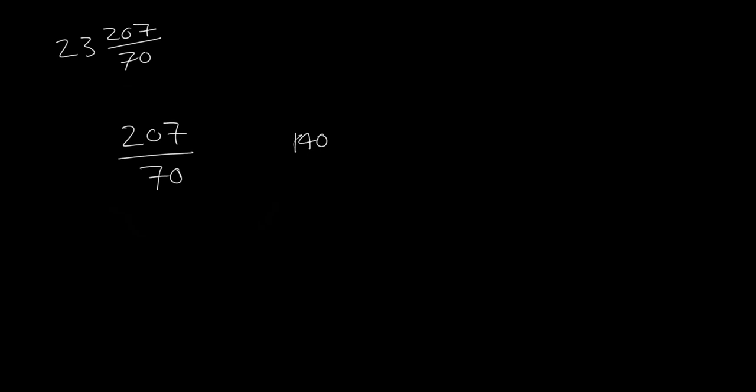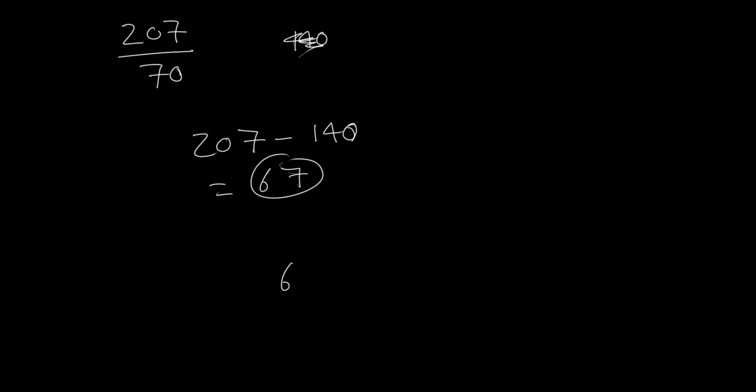So to get our remainder, we're going to do 207 minus 140. And the answer to that, let's see if we can do this in our head, is going to be 60 plus 7. So 67. Perfect. That is going to be our new numerator. Let's scroll down here. 67.